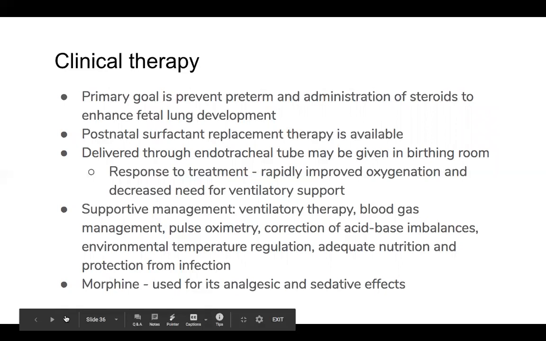So that's a big key one. That supportive management kind of covers everything: airway, temperature, nutrition, infection. And morphine is used not only for its analgesic use, but also for its sedative effects, as you saw in that video. So I thought that video was just really good because it kind of covers everything we talked about.